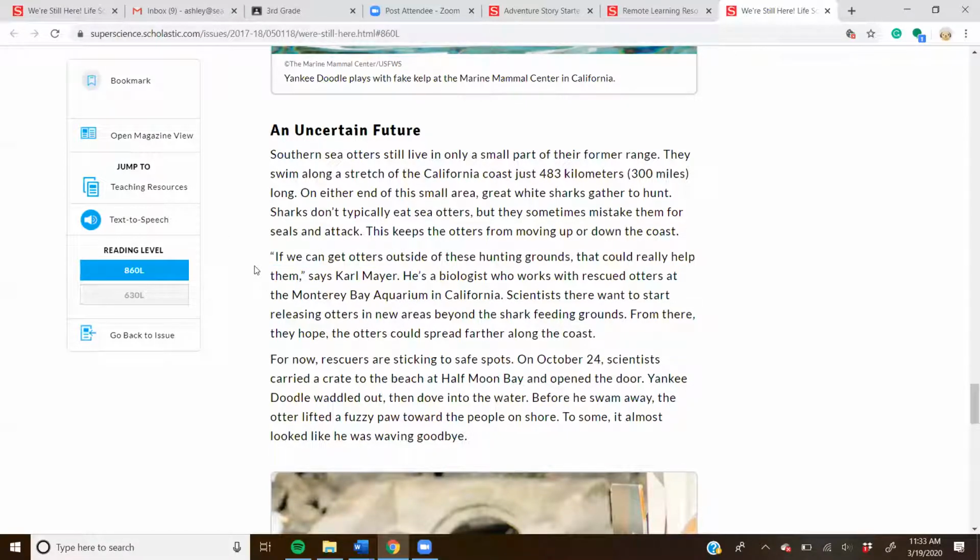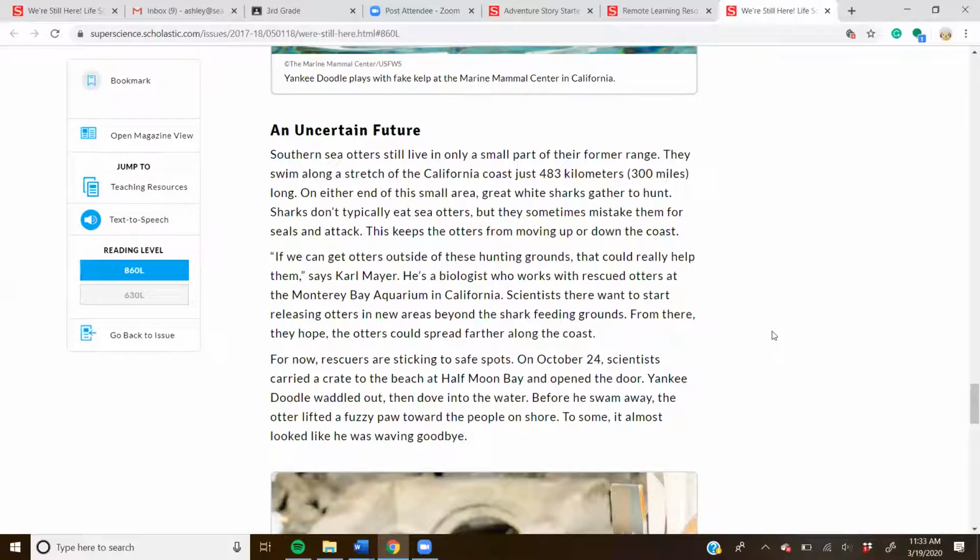If we can get otters outside of these hunting grounds, that could really help them, says Carl Myers. He's a biologist who works with rescued otters at the Monterey Bay Aquarium in California.